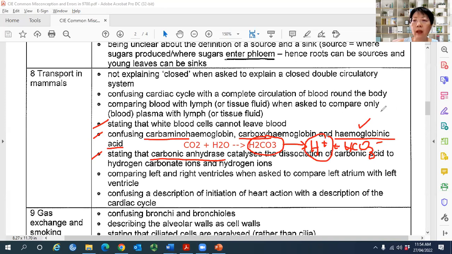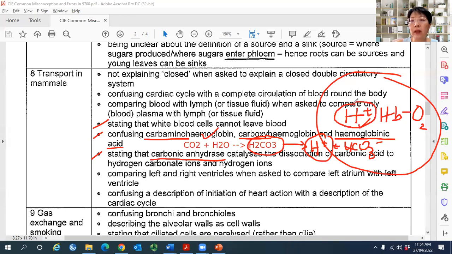Now you see that my hemoglobin has got higher affinity for H plus versus oxygen. What do you mean by higher affinity for H plus than oxygen? Why hemoglobin releases oxygen, it means oxygen is unloaded in the tissue, is because when it comes to the tissue, because of this process, we've got a lot of H plus in the red blood cell. But hemoglobin is already binding to oxygen.